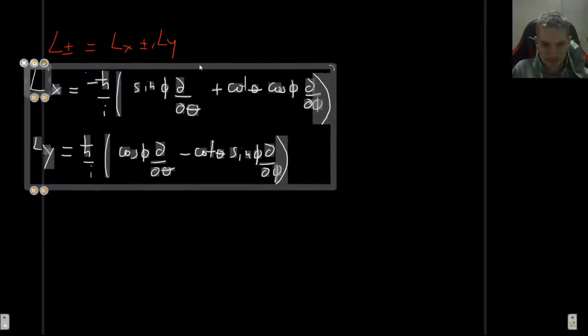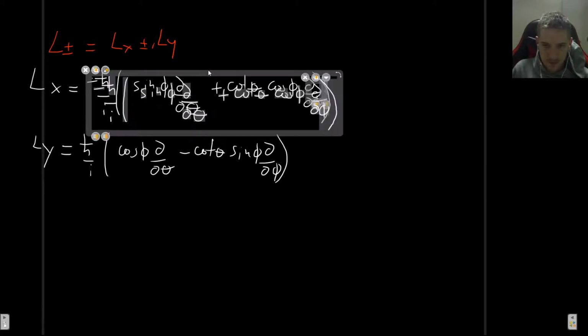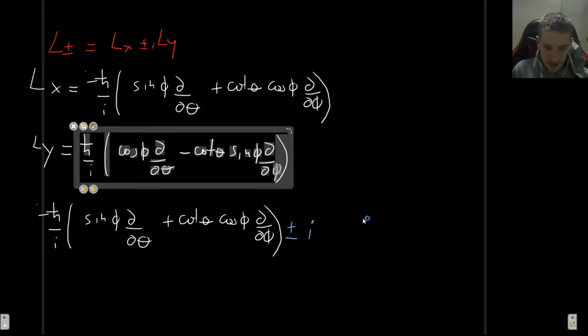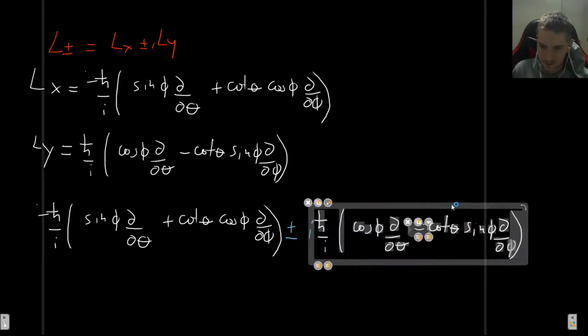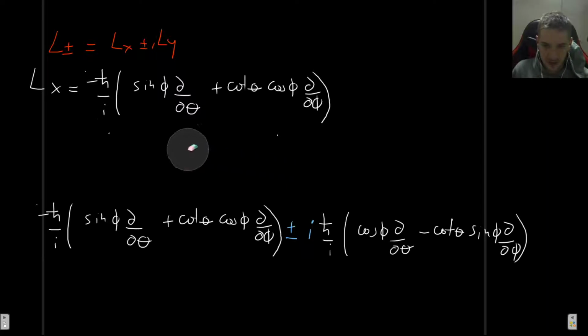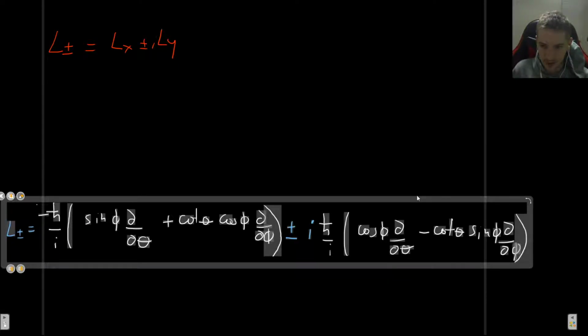Okay, so this is Lx, so let me just take it and then plus minus i times this. Now I'm just going to delete these here since I don't really need them, and this is just L plus or minus. So I'm going to move it up.